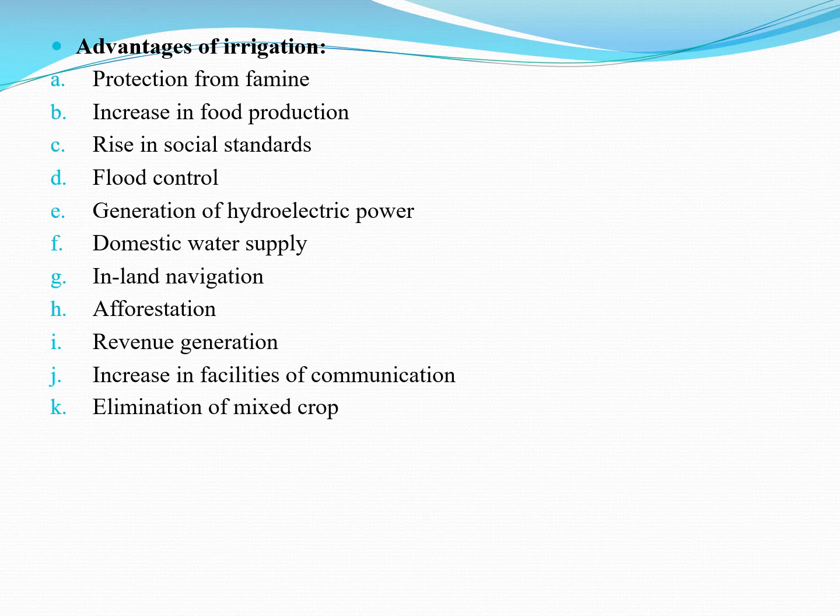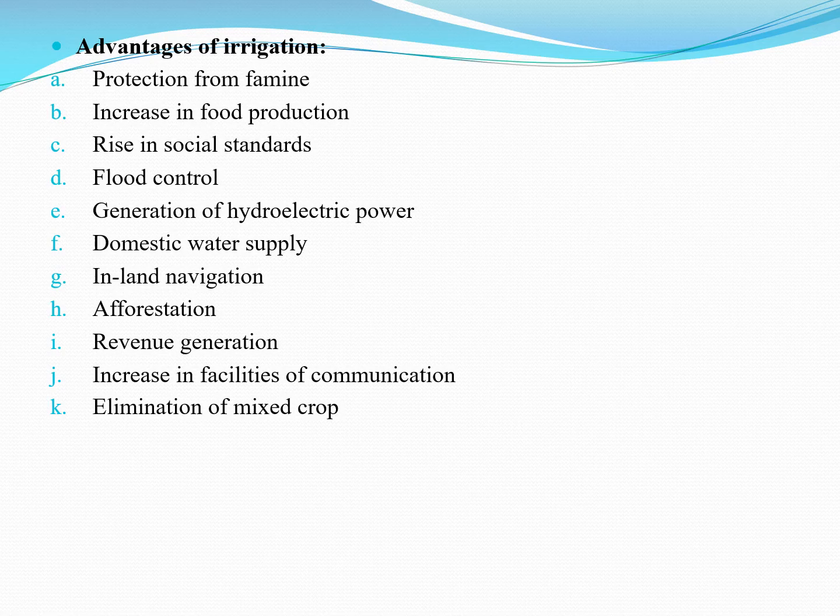So what is mixed cropping? Mixed cropping means sowing different crops together in the same field. The areas where irrigation is not assured, mixed cropping is adopted. Mixed cropping is not desirable as there are different amounts of water and field conditions, and the farmers are not benefited.